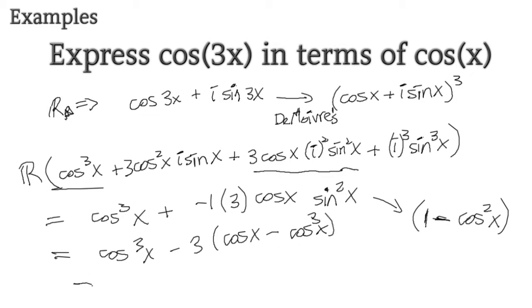With that we expand to get 1 plus 3, which is 4 cosine cubed x take 3 cos x. And that would be the solution, or the cos 3x in terms of cos x.